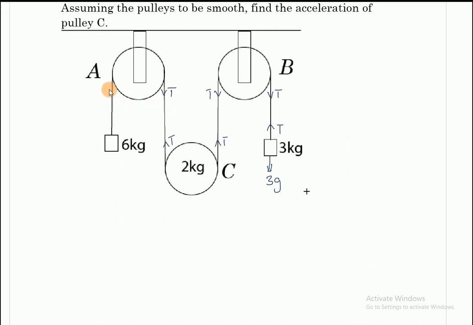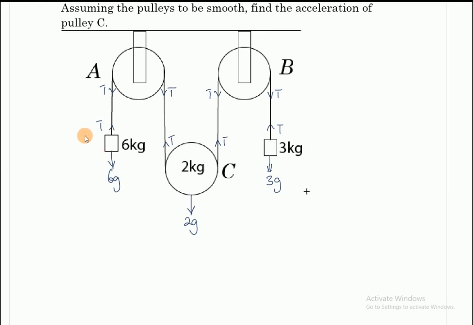We are assuming that T is the tension in the string. It is a constant tension because the pulleys involved are smooth pulleys. This pulley, there will be a weight. Its weight will act downwards. It is 2g, and there is a weight 6g for the 6 kilogram body acting downwards.